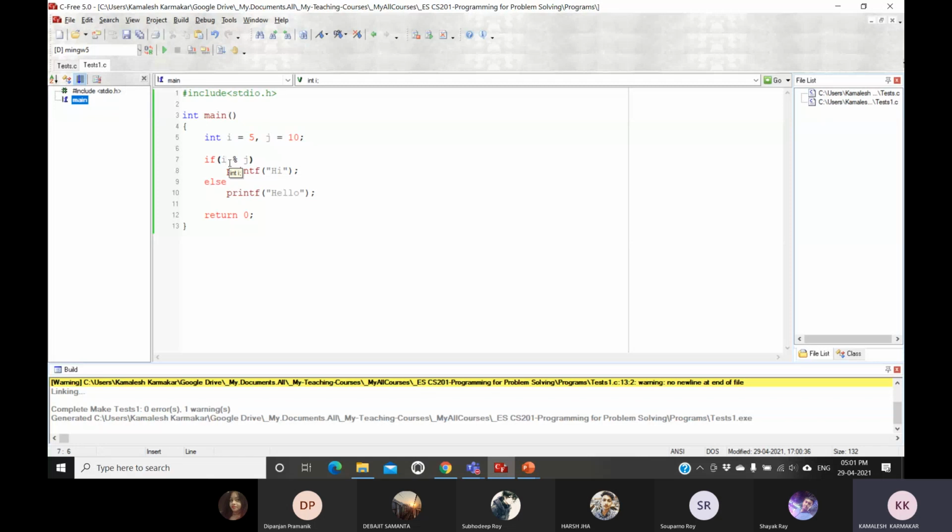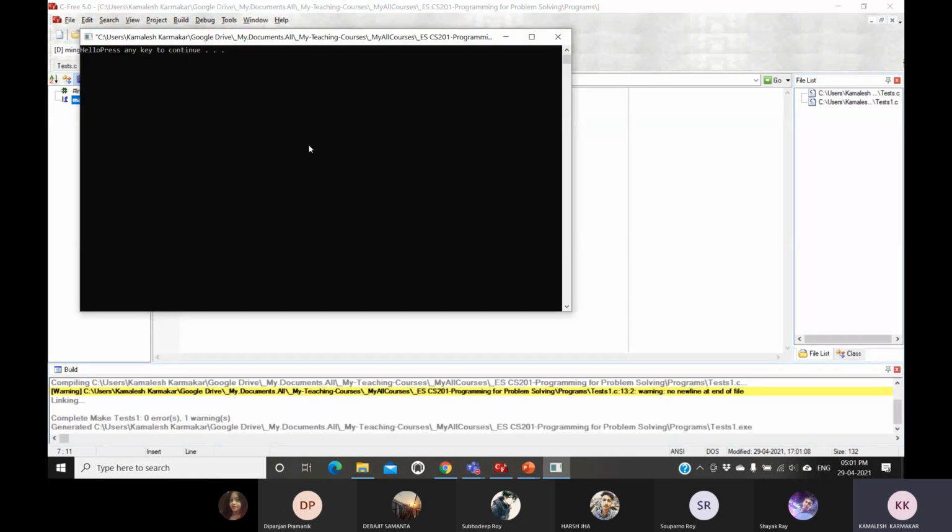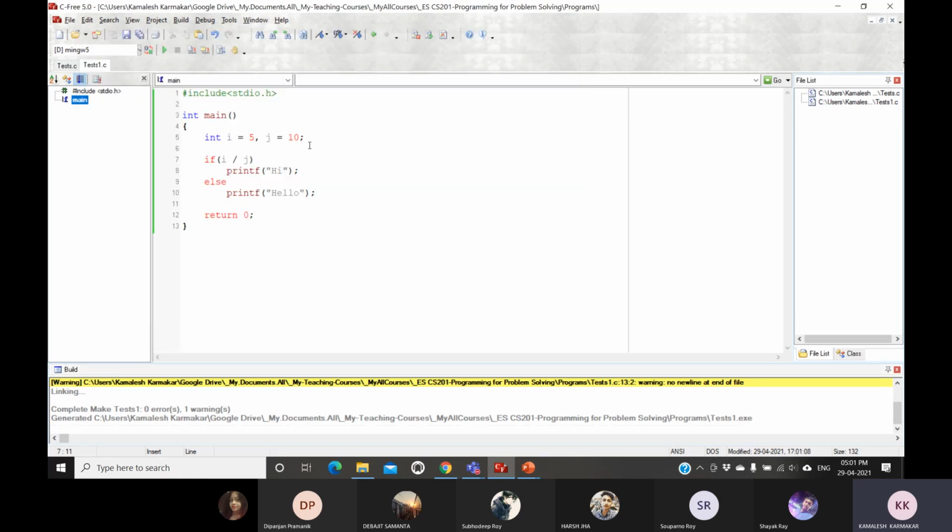This one is true. If I write i divided by j, 5 divided by 10, the exact value should be 0.5, but as both of these variables are integers, 5 divided by 10 will become 0.